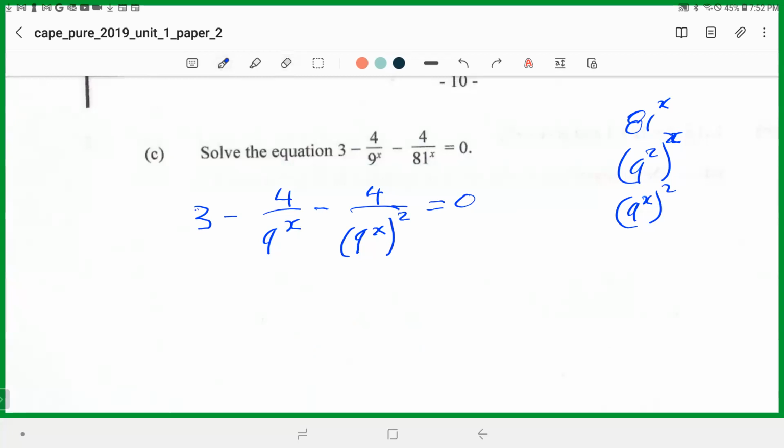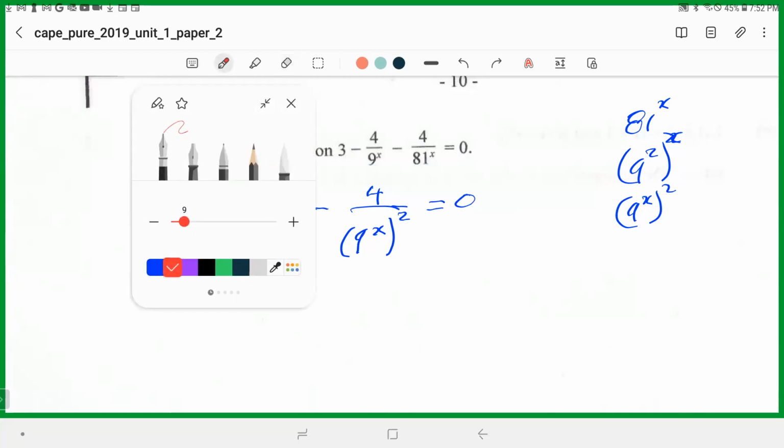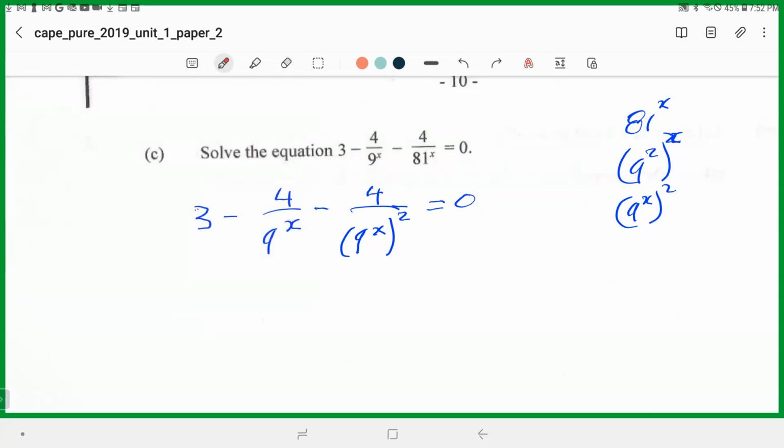So I'm going to multiply by 9 to the x squared. If I multiply by 9 to the x squared, I won't have any fractions left. See that? Multiply by 9 to the x all squared. That's what I'm going to do.